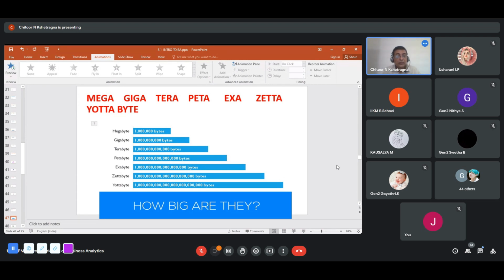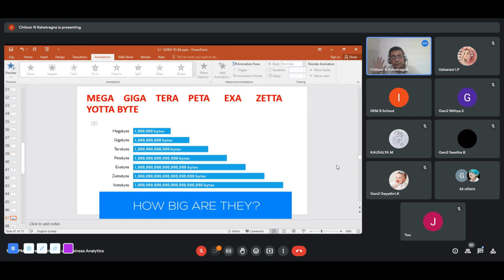Sorry, that's the distance between Earth and the Moon, and Mars. I'm just giving an example to help you understand the distance in kilometers. So when we talk about 60 MB, it means 60 lakh bytes, or 6 crore bytes. I'm not able to get the numbers at all. Look at the zeros. It's mind boggling.